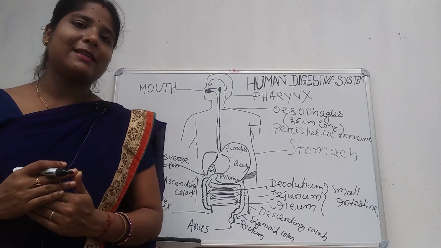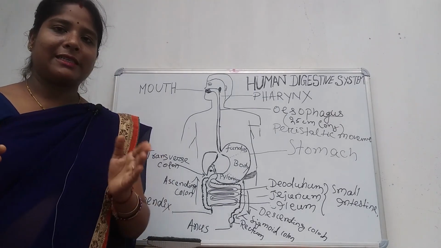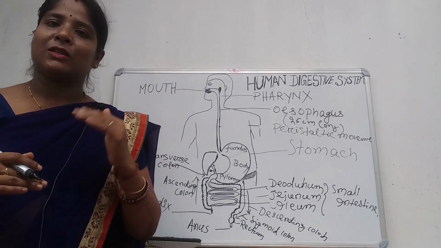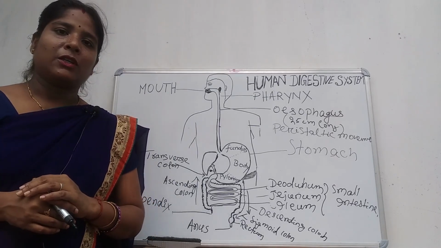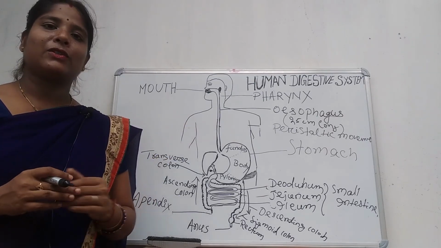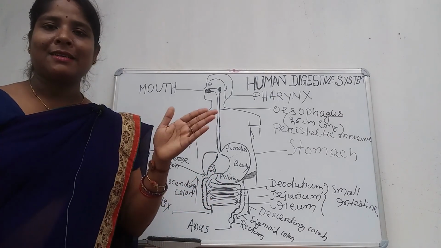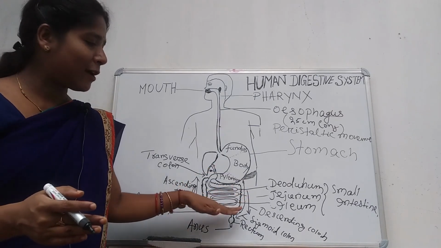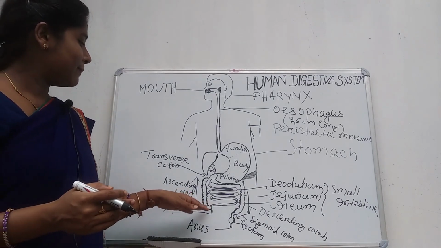Again, let's come to the large intestine. The large intestine is about 2 centimeters long, but its diameter is about 6 centimeters. As the diameter is larger than the small intestine, it is called the large intestine, but the length of the large intestine is shorter than the small intestine.